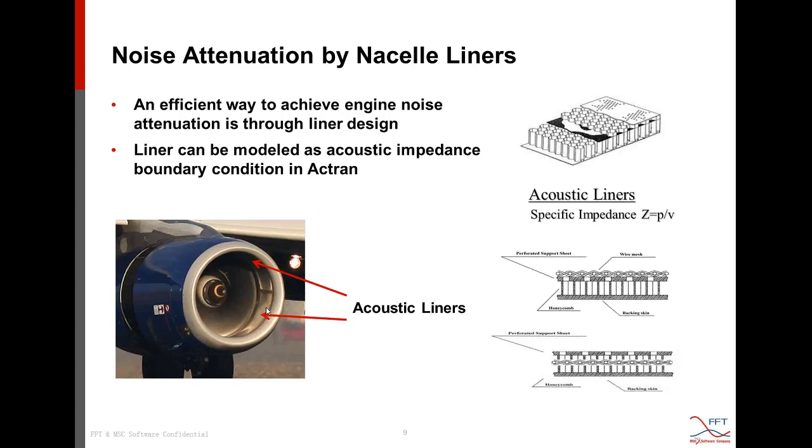In the liner design, we'll have single degree of freedom liners or double degree of freedom liners, and each of them will have their own specific acoustic impedance. In Actran, we will model the liner by its impedance boundary condition. So basically, we will define this surface using an impedance boundary condition.